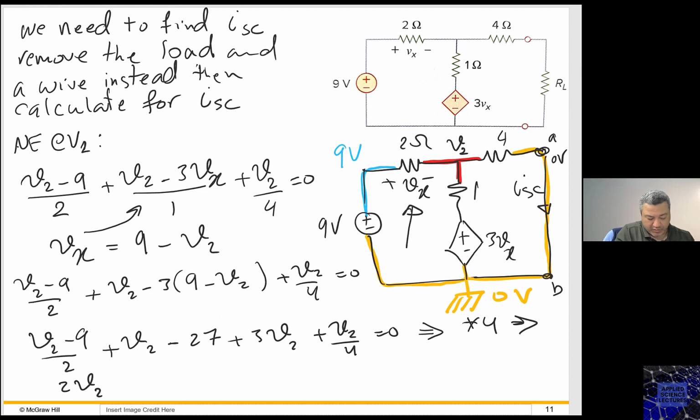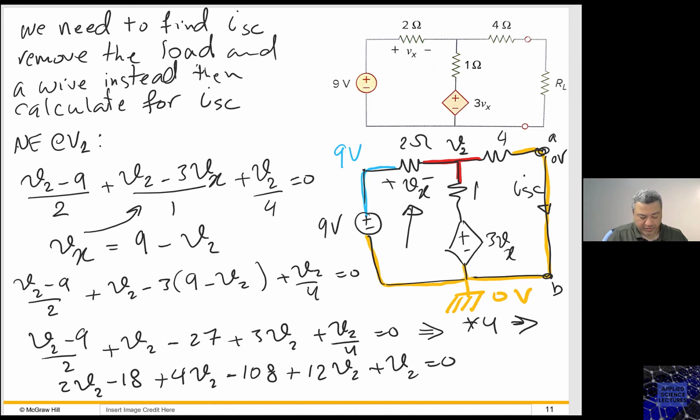We get 2V2 minus 18, because this is 2, plus 4V2 minus 27 times 4, minus 108, plus 12V2 plus V2 equals 0.